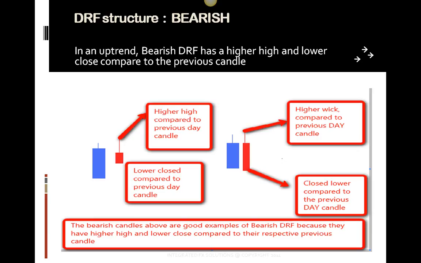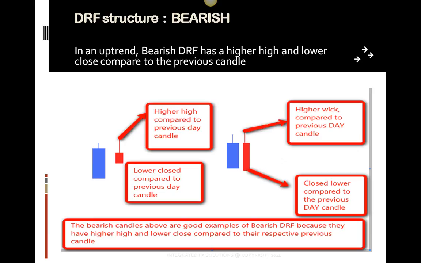That makes it a bearish DRF, and if it is spotted at the top of a trend or at key levels, most likely the trend is going to reverse. DRF is a good candlestick formation that determines the strength or weakness of a trend.